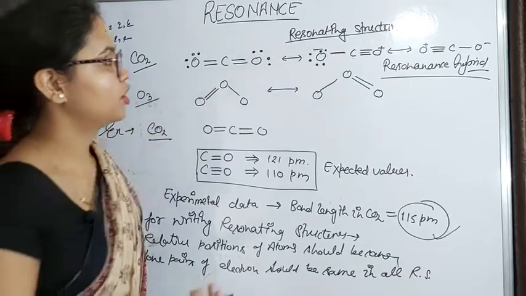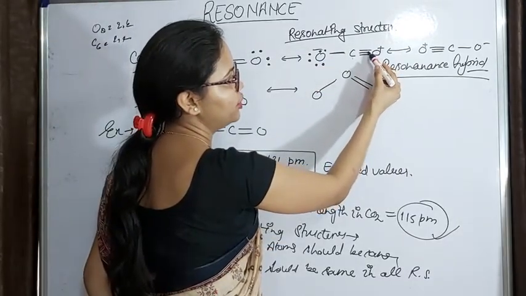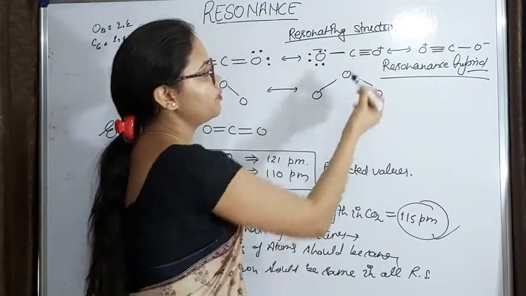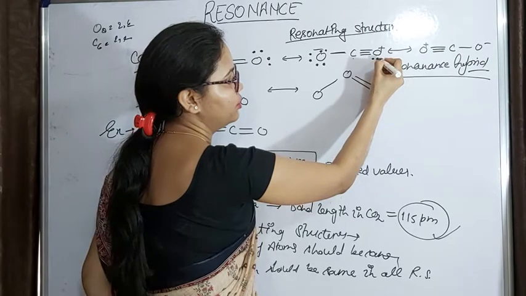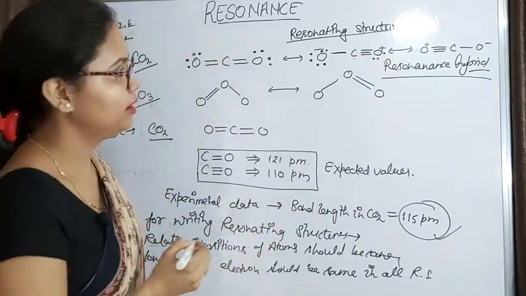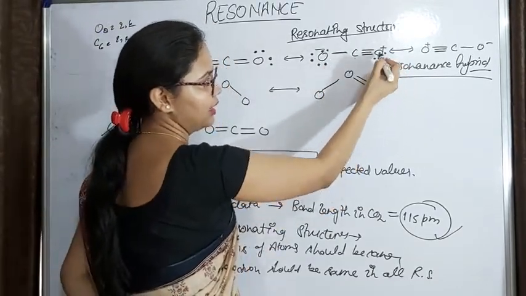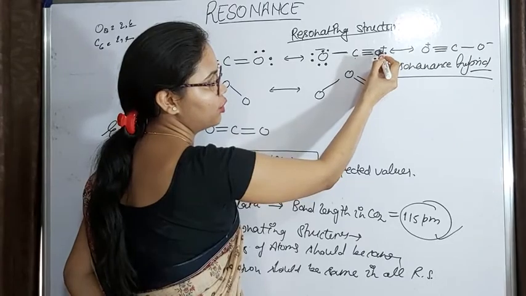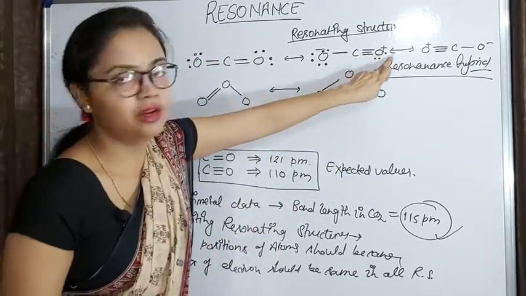Now let's talk about this oxygen atom. This oxygen atom has already used 3 electrons. It has 6 electrons, and out of 6 it has already used 3 electrons, so 3 electrons are remaining.